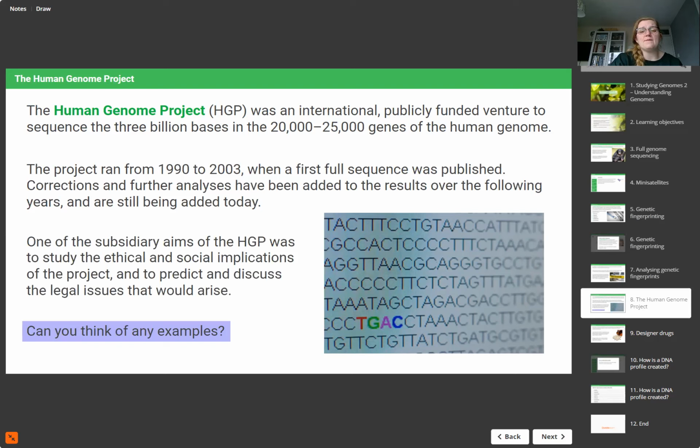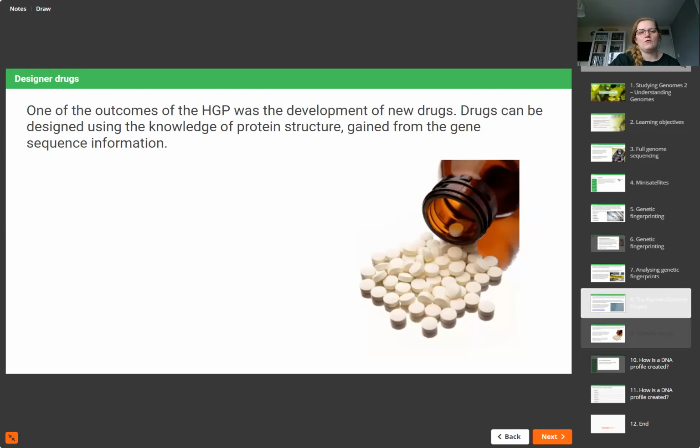One of the subsidiary aims of the Human Genome Project was to study the ethical and social implications of the project and to predict and discuss the legal issues that would arise. These questions can come up a lot in the exam, and you can talk about ownership of DNA, eugenics and designer babies. And here's something quite good that came out of the Human Genome Project, and that was designer drugs.